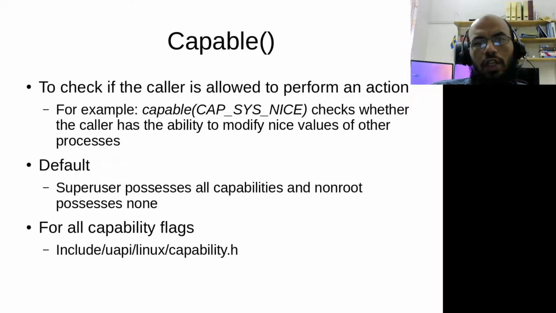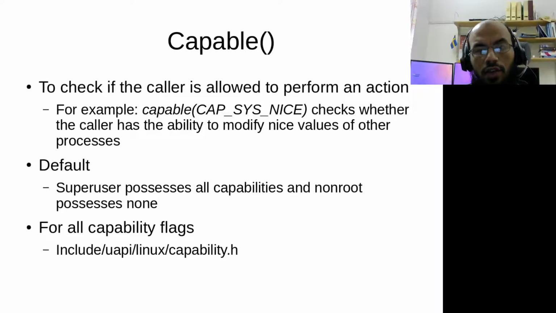So capable is the function that you would use to check if the user is allowed to do this change. For example, you have capable and between parentheses CAP_SYS_NICE. So does this user have the capability to change the nice values of other processes?